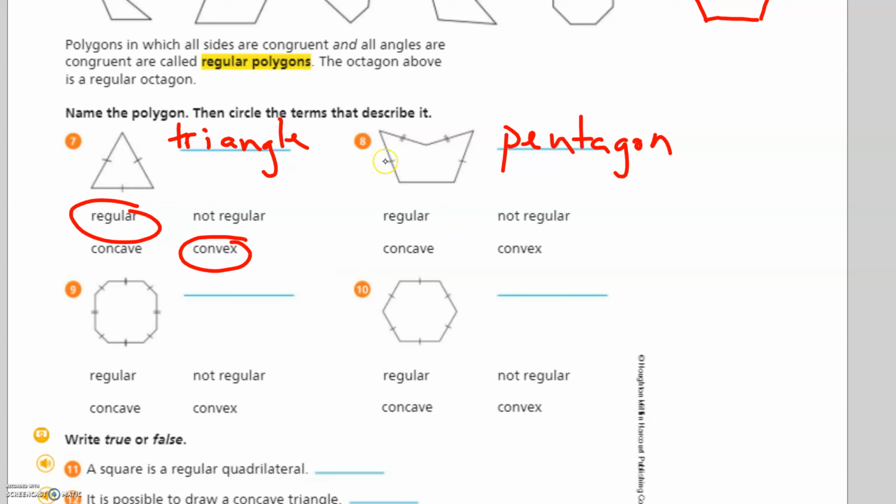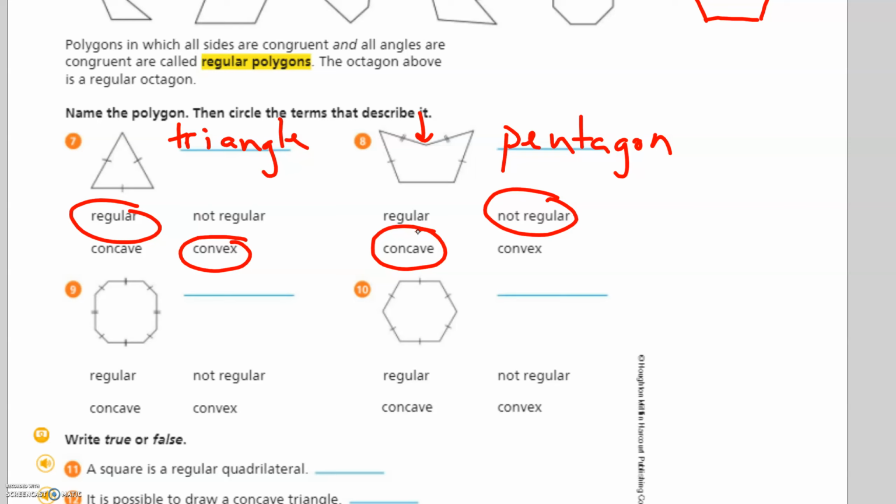I don't know if you can see this very clearly, but this has 1 slash mark here, and there's actually 2 up there. So these sides are a different length than this side, which means it's not regular. Because to be regular, it has to be all the same. Concave or convex, do you see where you can go in there? It's going to be concave.